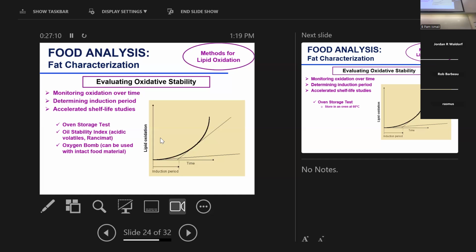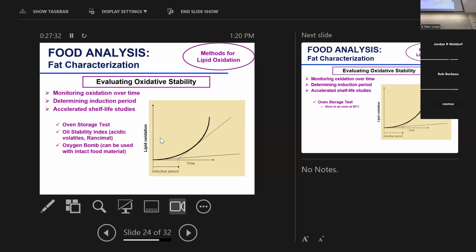Ah, there we go. So we plot peroxide value over time. If you have really, really fresh oil, you start at a very low peroxide value, and over time at high temperature, what's going to happen?